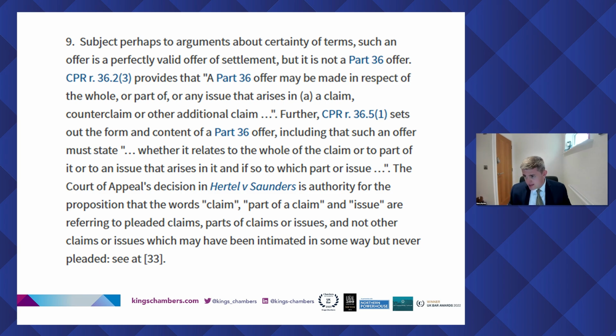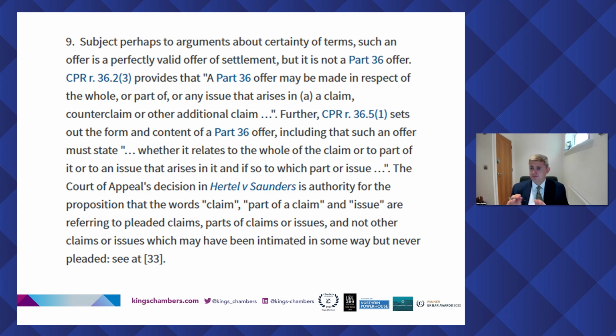So looking at the case of Woodgate and Woodgate, the claimant and defendant were brothers. The defendant was the personal representative of their mother's estate, and the claimant didn't like this. The claimant claimed the remedies in terms of removal of the defendant, appointment of an independent administrator, and an account of the estate.